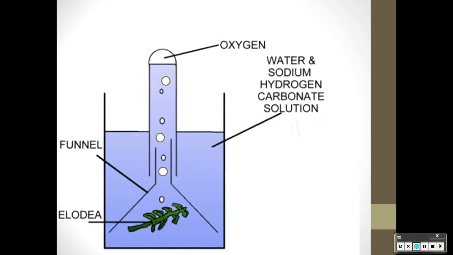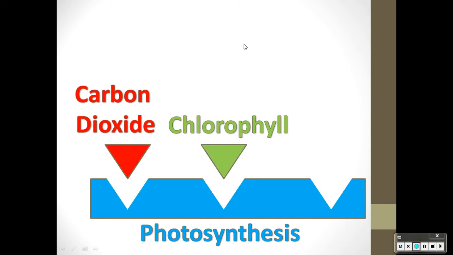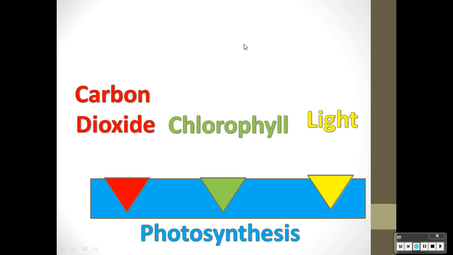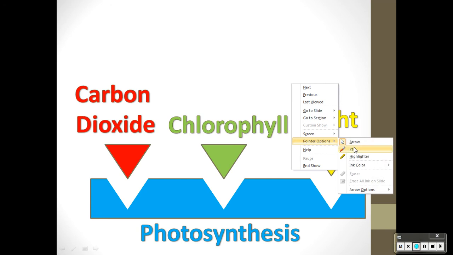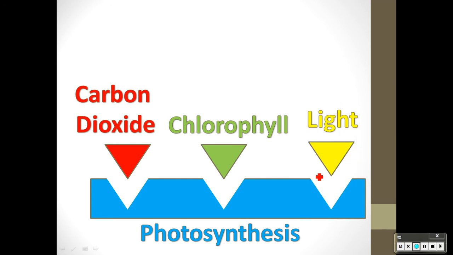Okay? So basically, if I go back to this first one and make a little change, let's say for example I have 5 light, 5 chlorophyll, and 1 carbon dioxide.